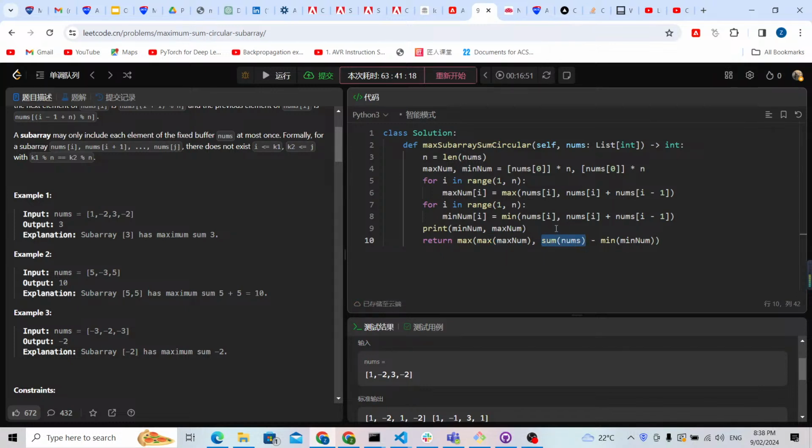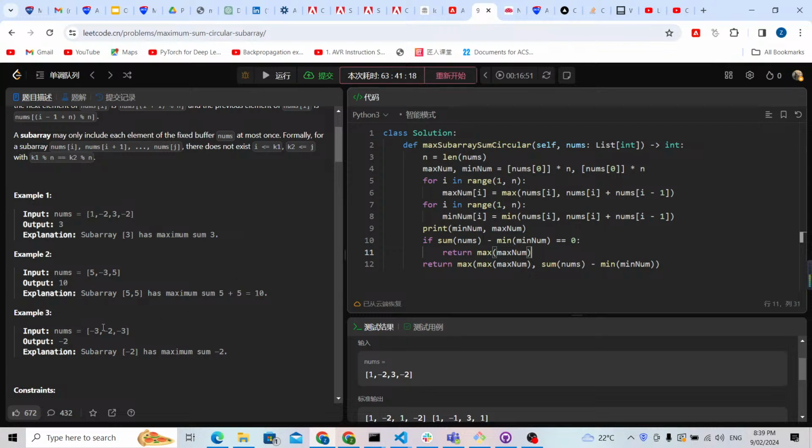But we have to check if all the elements are negative. This is why we have to check if the sum of nums equals the minimum of nums. If this one minus this one equals 0, meaning the values are equal, we have to return the maximum of max nums.